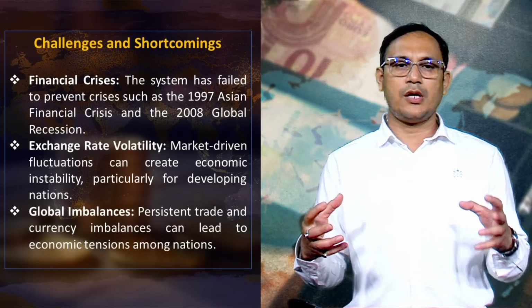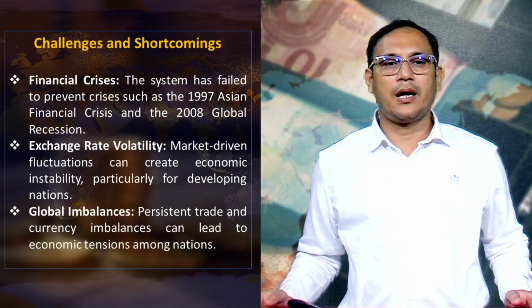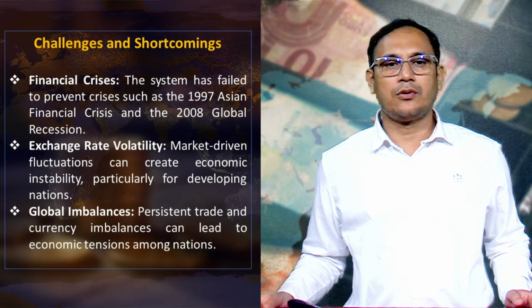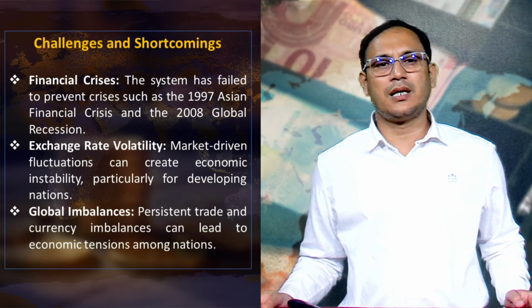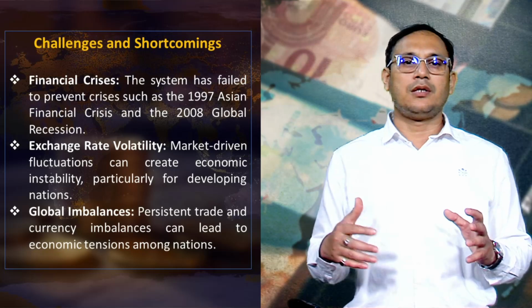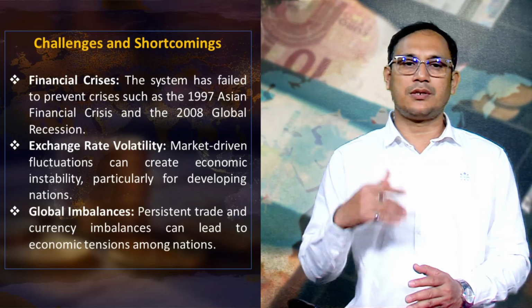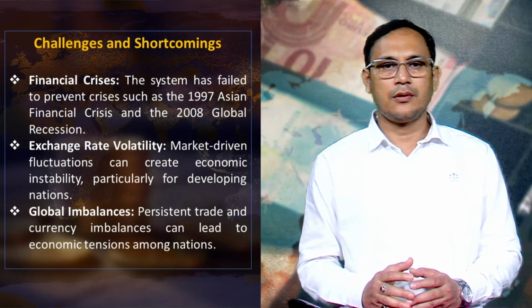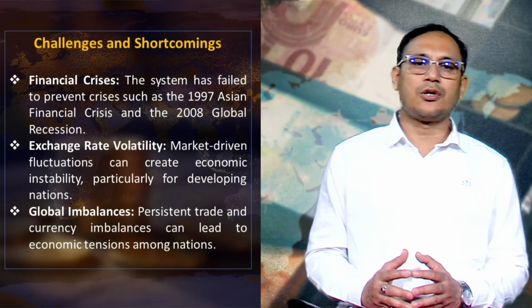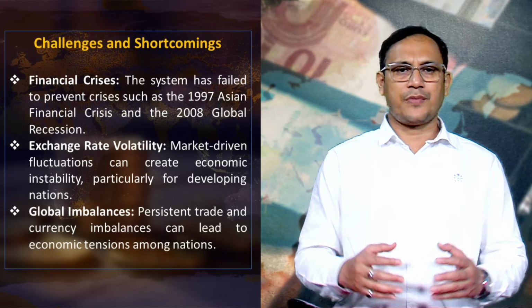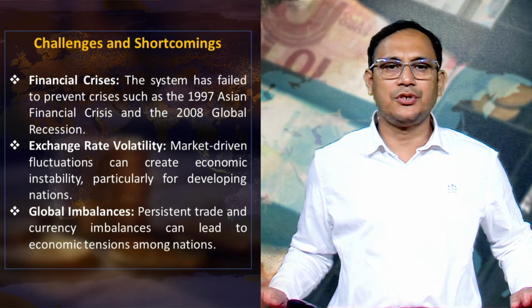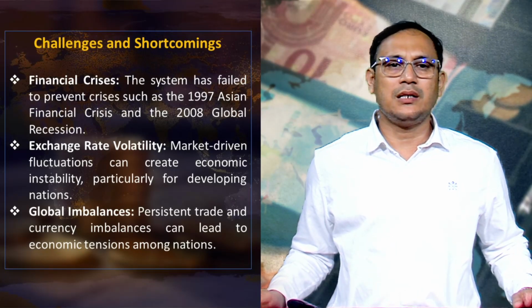The volume of imports was much higher as compared to the value of exports, and as a result, Mexico was in a huge balance of payment disequilibrium, that is trade deficit. Similarly, you can give the example of Southeast Asia, where balance of payment deficit occurred in 1997.